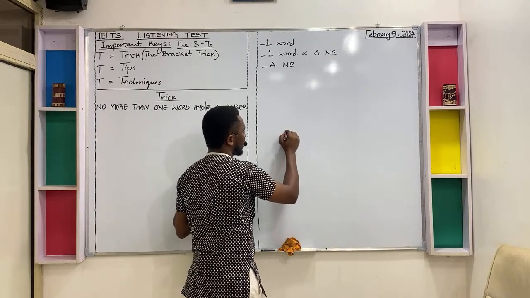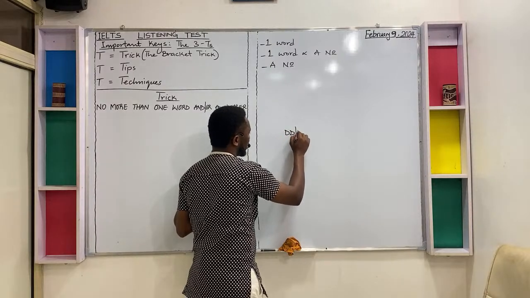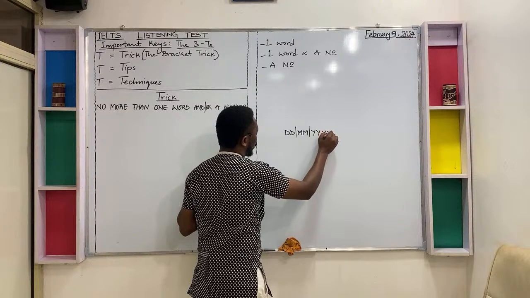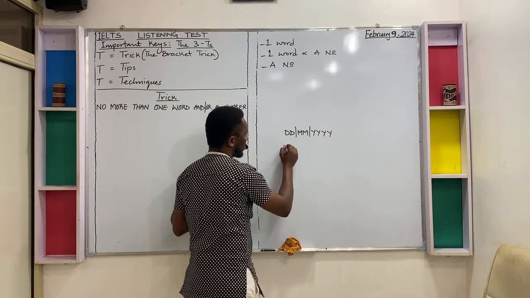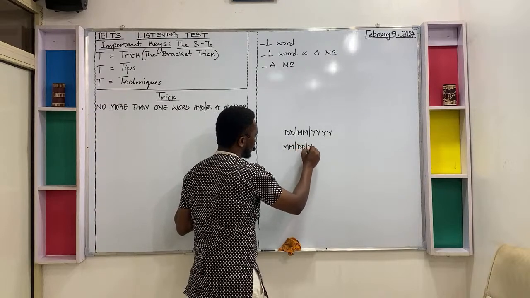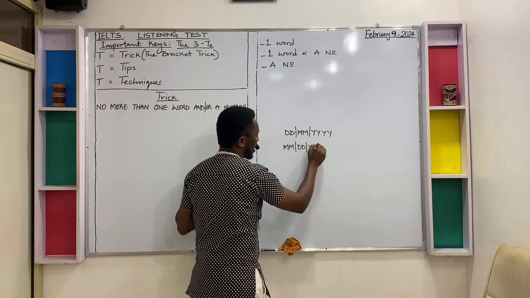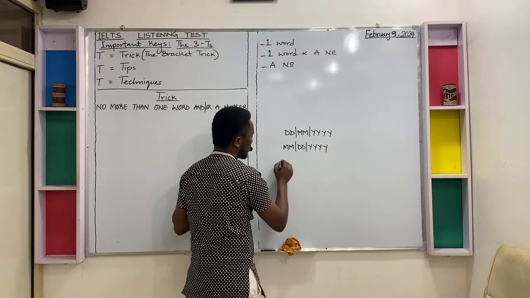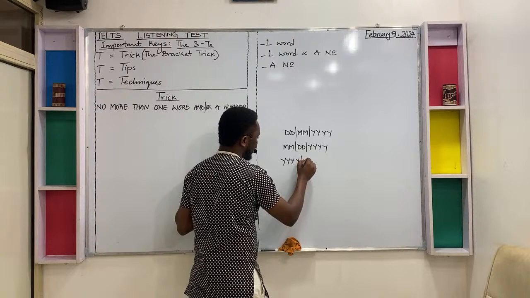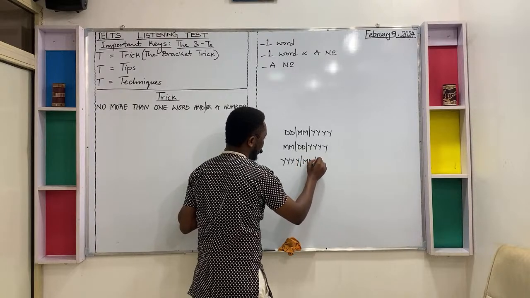We have the DD, the MM, and the YYYY, right? And some formats will also have MM, DD, YYYY, while some other formats may have year first, then the month, and the day comes in.